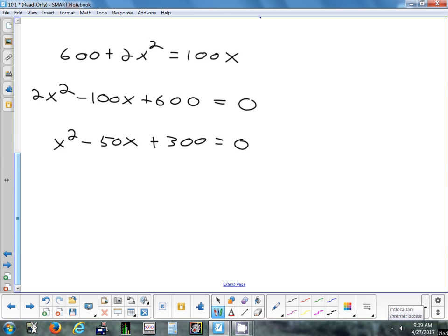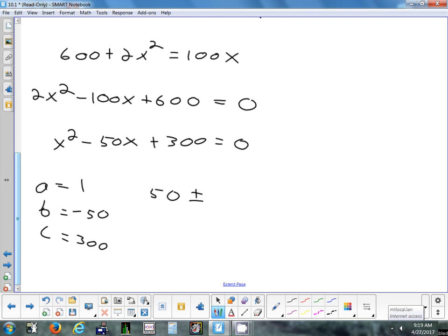What are the 3 letters in the formula? A, B, and C. What's A? B? Negative 50. And C? 300. Okay, so plugging that in, what's the first thing I write down for the quadratic formula? Negative B. All right.